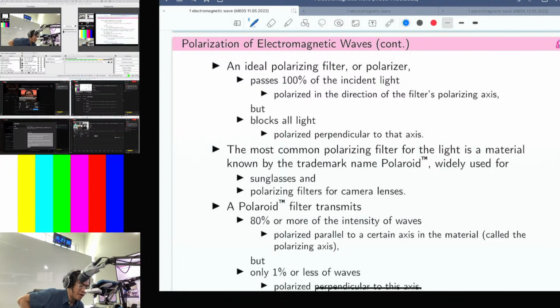If you are a cameraman or you are serious about taking photos or photography, there is also a polarizing filter. Okay, the polarizing filter is one of the filters that is used by cameramen.